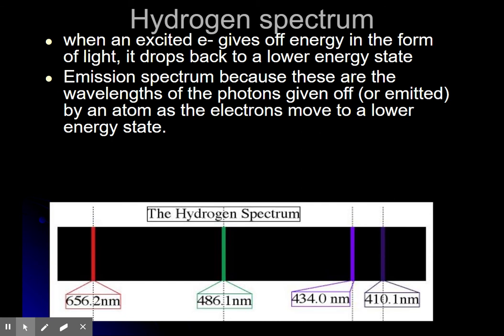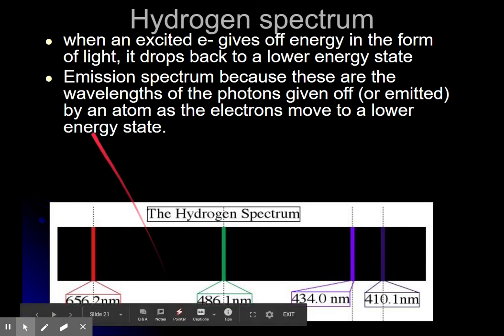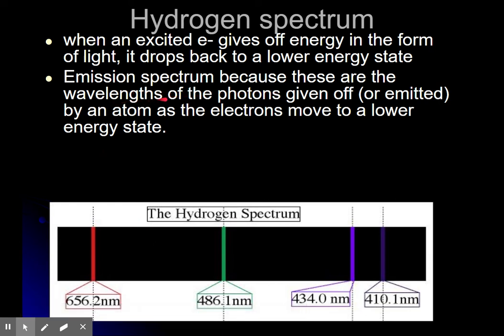So this is called an emission spectrum because these are the wavelengths of the photons that are given off by an atom as the electrons move to a lower energy state. So that part right there is pretty important for you to know. So emission spectrum, it's the wavelength of the photons given off as the atoms move to a lower energy state.